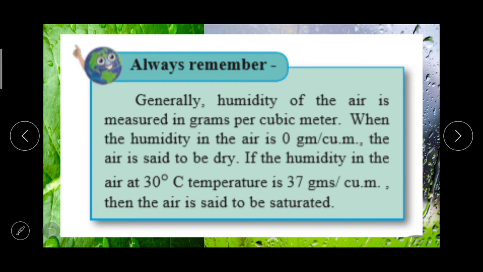Generally, humidity of the air is measured in grams per cubic meter. When the humidity in the air is 0 grams per cubic meter, the air is said to be dry. जब वो 0 होगी तो air dry है.